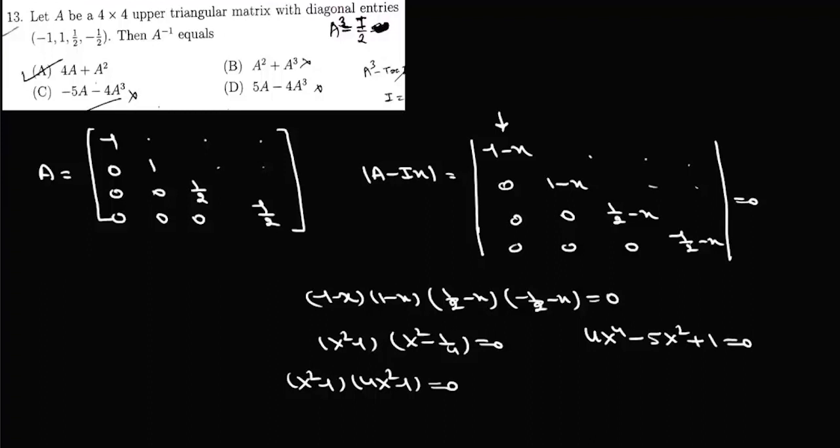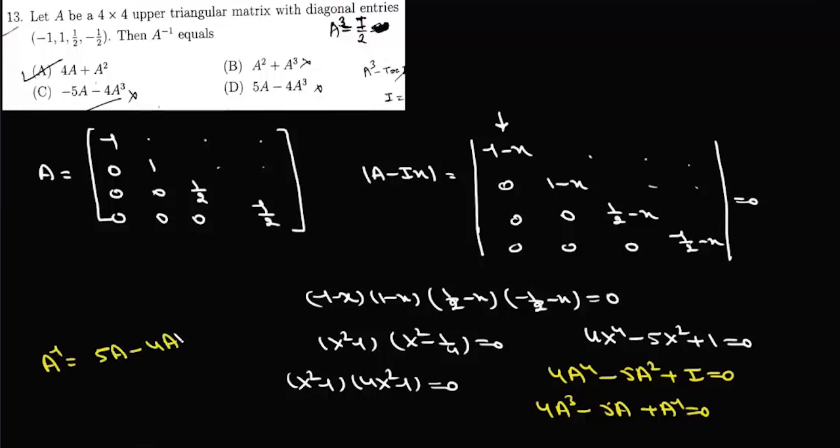So this matrix A will satisfy this equation 4A to the power 4 minus 5A square plus I equals 0. Now we'll multiply everything with A inverse. Then we'll have 4A cubed minus 5A plus A inverse equals 0, or simply A inverse is 5A minus 4A cubed, and that's your option D.